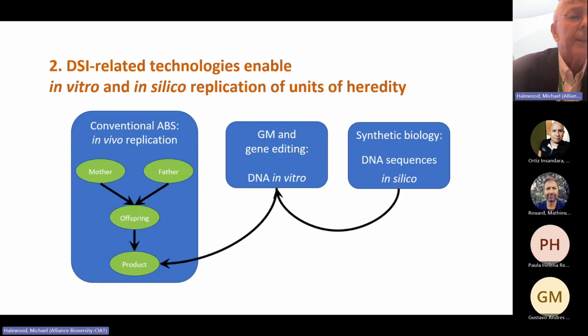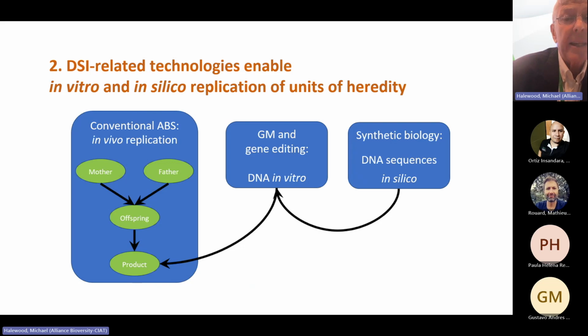The second is that DSI-related technologies enable in vitro and in silico replication of units of heredity. So here we're talking about, on the left, the classic in vivo replication. With genetic modification and gene editing, we can get the DNA in vitro, replicate it there, modify it there, and then put it back into a product, which is a genetic resource that becomes commercially valuable.